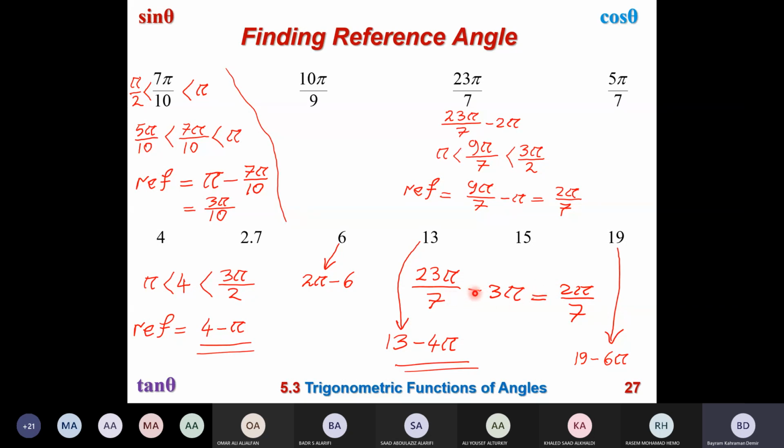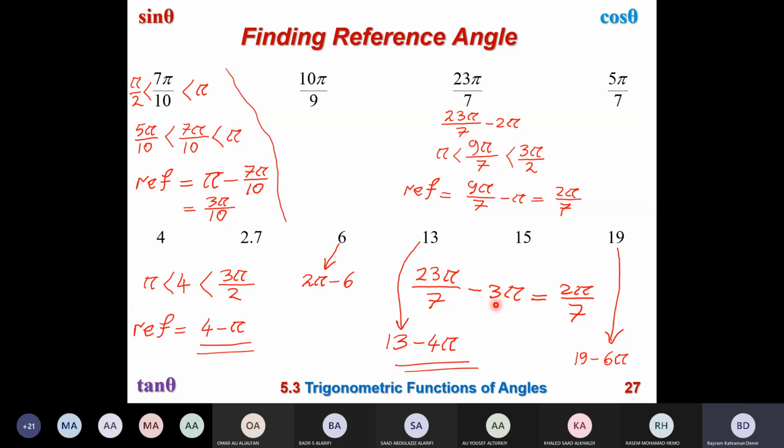You see, Shabab, subtracting 3 pi does not give you a coterminal. Remember, Shabab? Just make sure you are not confusing. This is not a coterminal. 23 pi over 7 minus 3 pi, you cannot subtract 3 pi to find the coterminal. You need to subtract 2 pi, 4 pi, 6 pi. Remember.